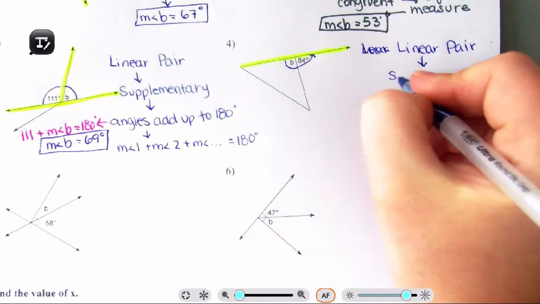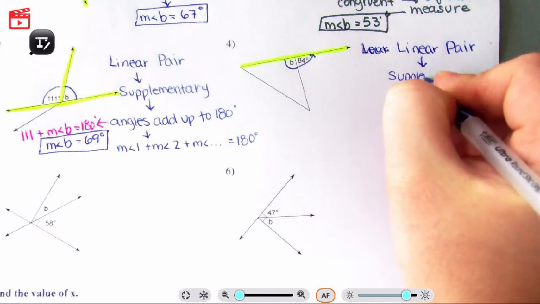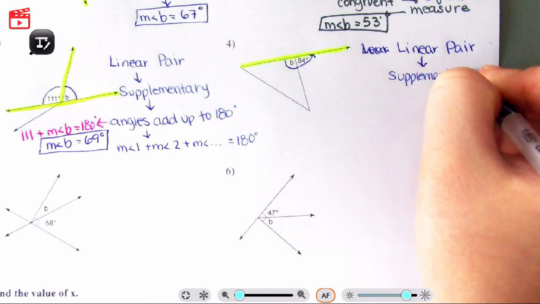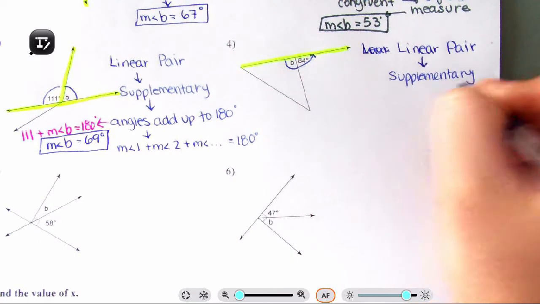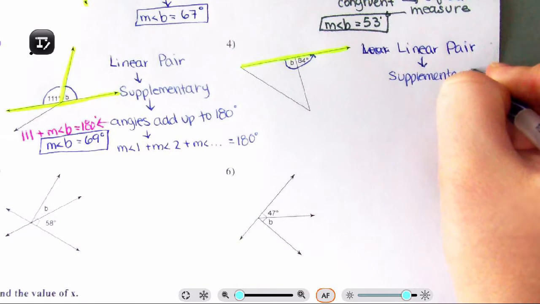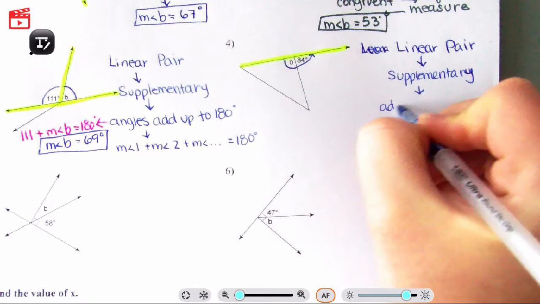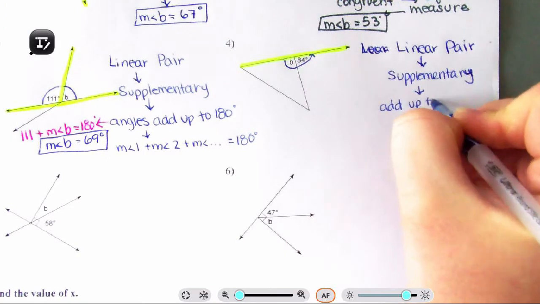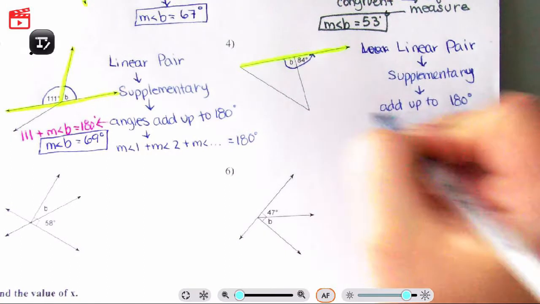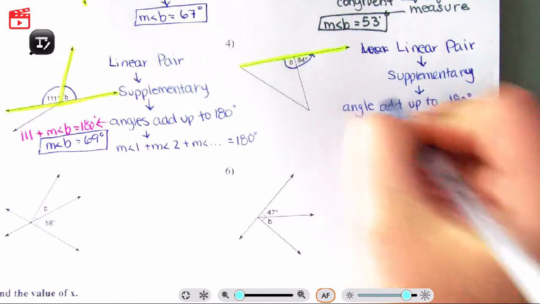It means that the angles are supplementary. And what does it mean to be supplementary? It means angles add up to 180 degrees.